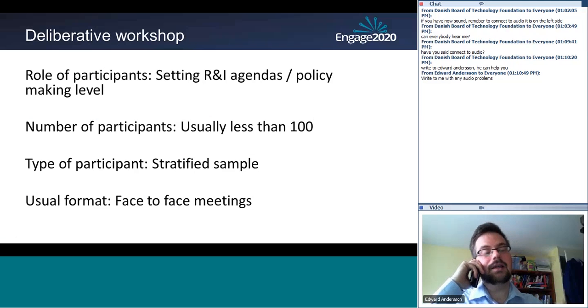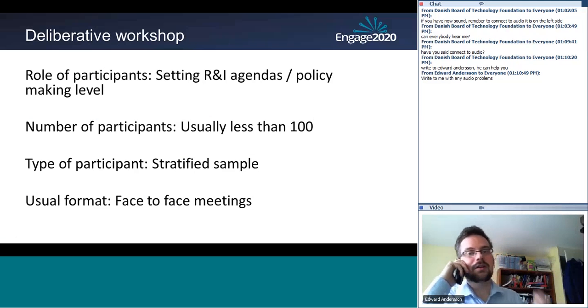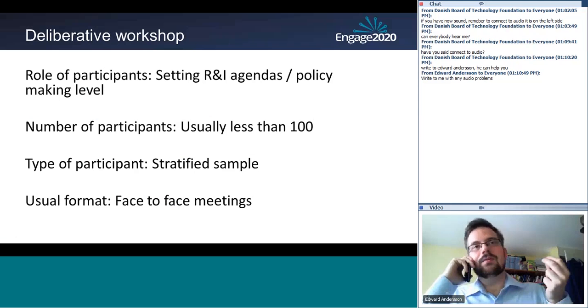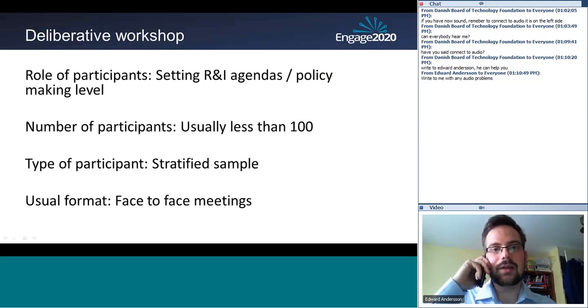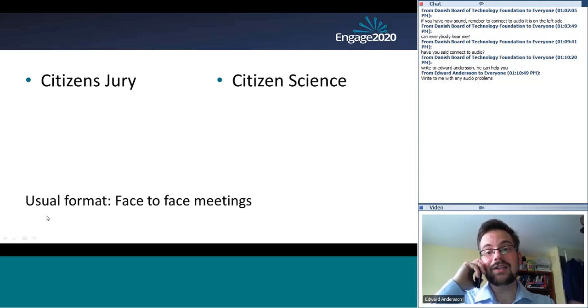And typically in a deliberative process, representativity and diversity is a much bigger concern than it is with citizen science. So you'd usually have some kind of stratified sample, or at least a very intricate selection method, to make sure that the variety of voices that exist in society are also in the room and can influence the deliberation. And normally, of course there are experiments, but normally it's a face-to-face thing.